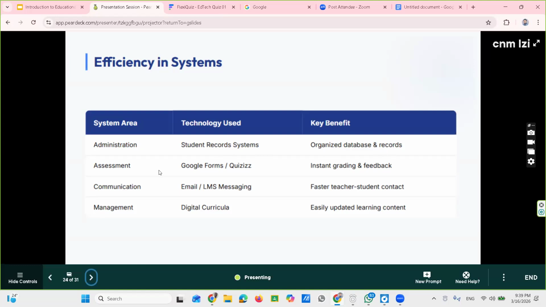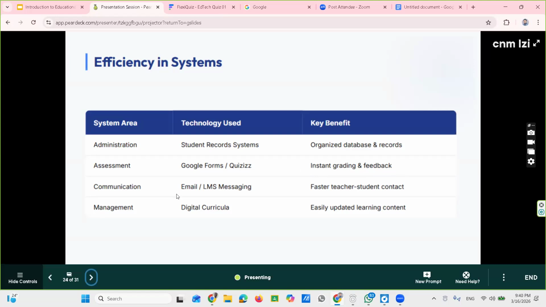As assessment, another system area, Google Forms or quizzes. As an assessment tool, you can create the quizzes like the ones we did earlier with you. Google Forms can also be used. The quizzes are normally used to create game-based quizzes. Key benefit, instant grading and feedback. Right now, I think you have the experience of that.